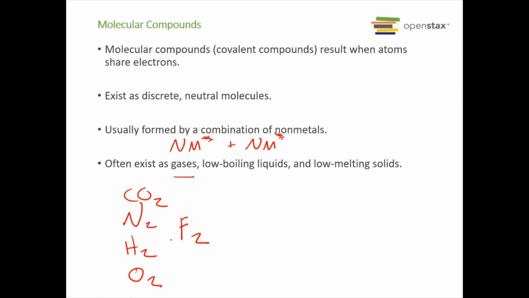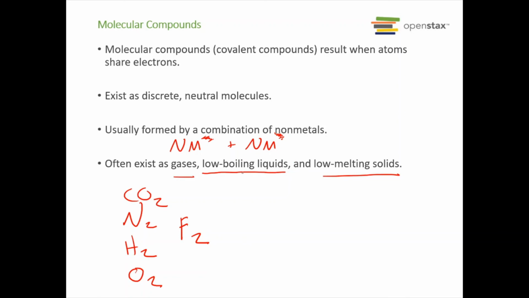These are all going to be gases at room temperature. And if you think about it, their boiling points are going to be relatively low, and their melting points are going to be relatively low as well. Because keep in mind, if they often exist as gases, that means it's not going to take a lot of energy for me to turn a liquid into a gas, and especially not to turn a solid into a liquid. So something to keep in mind. These are some common tests we can see here.